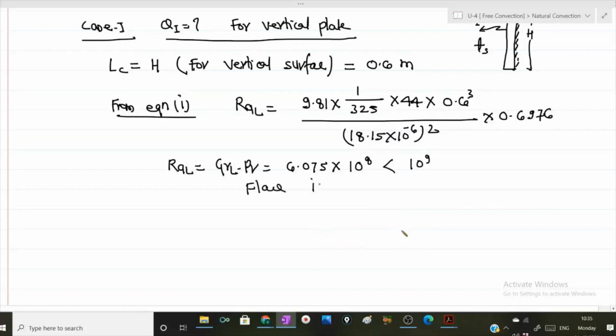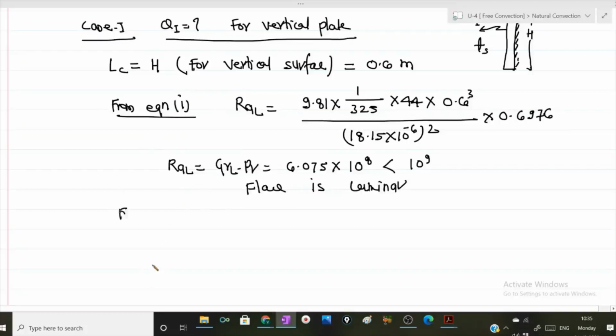So flow is laminar. Now based upon this value of product of Gr into Pr, we need to find the appropriate correlation for Nusselt number to calculate the average heat transfer coefficient and hence heat transfer rate in this case 1.